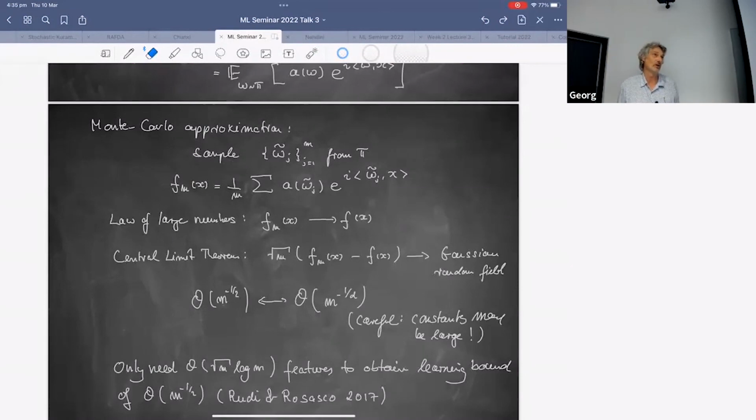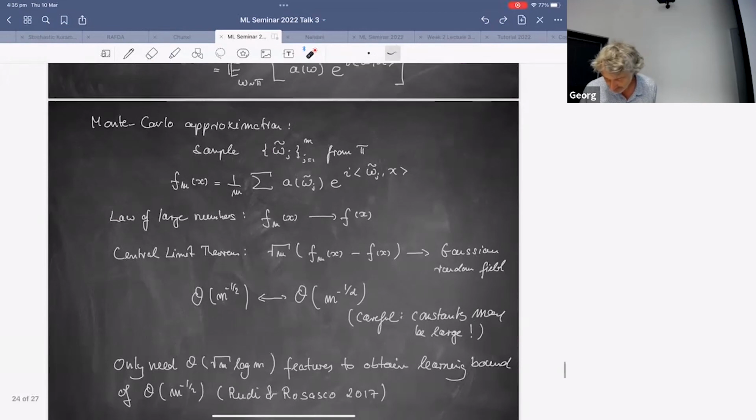We don't have this curse of dimensionality. However, careful: the constants might be quite large. So it might still be impractical. It's not the solution to everything.